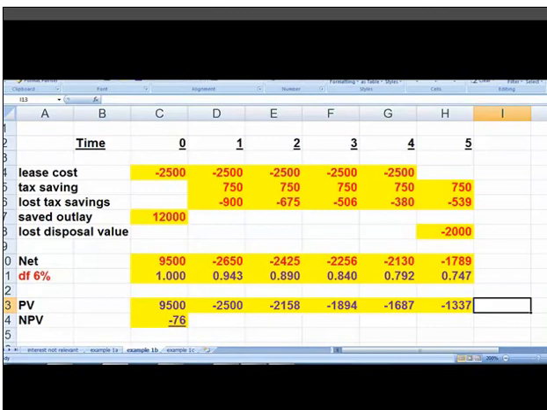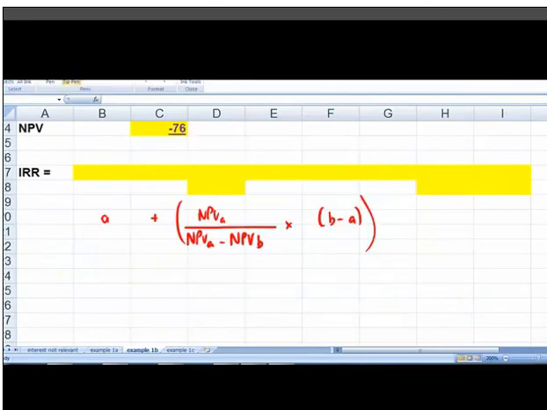We've already used the internal rate of return formula in Chapter 6. In the formula, A stands for the lower cost of capital, 5%, and B stands for the higher, which was 6%. And we're just going to drop in the NPVs. So A is 5, NPV A is negative 326, minus negative 76.